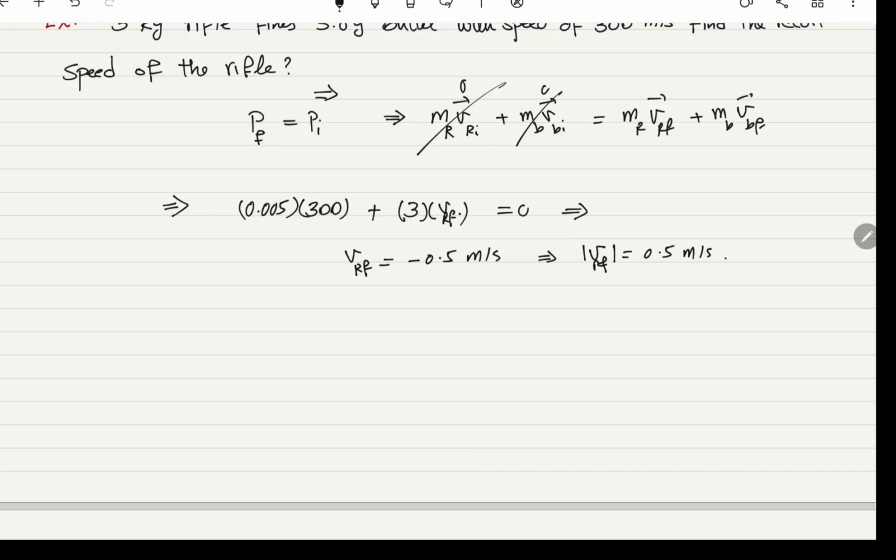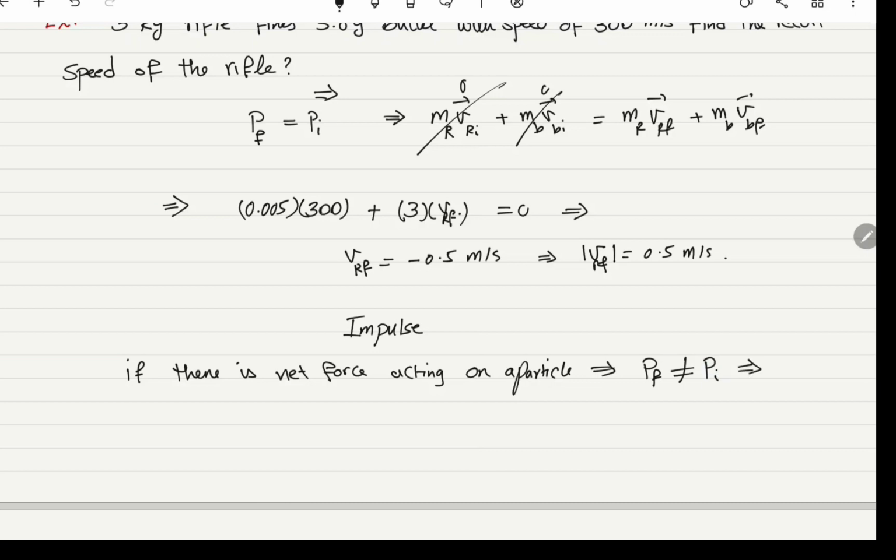Now let's identify the impulse. Now, if there is a net force acting on a particle, in this case, P final is not equal to P initial.